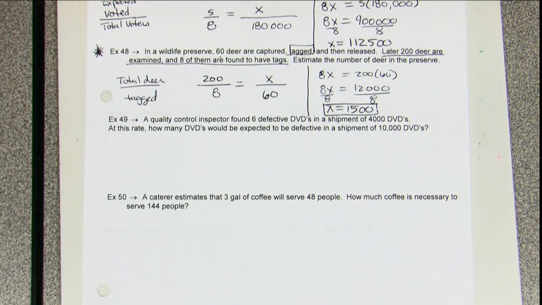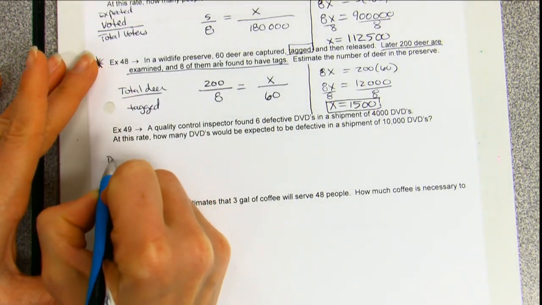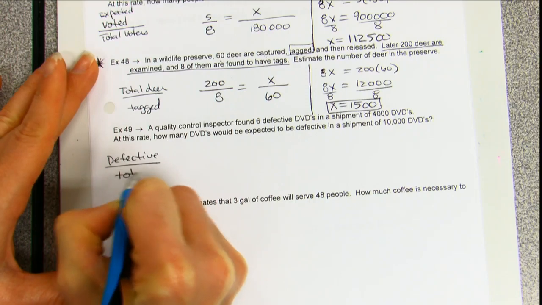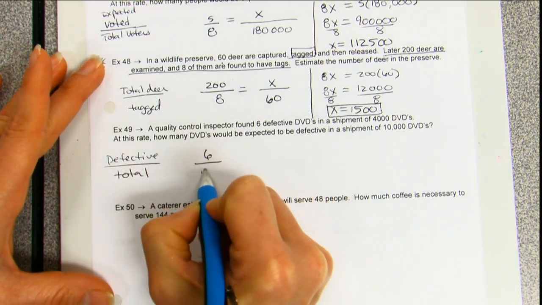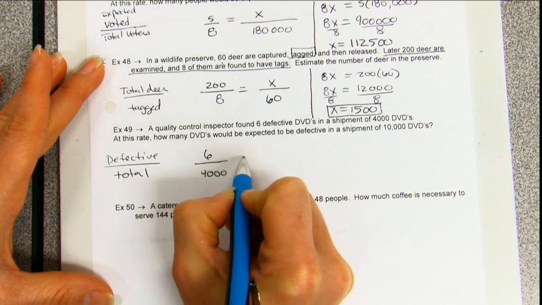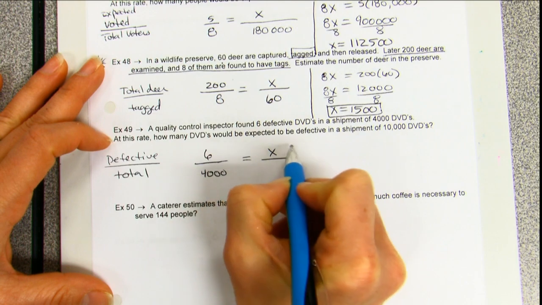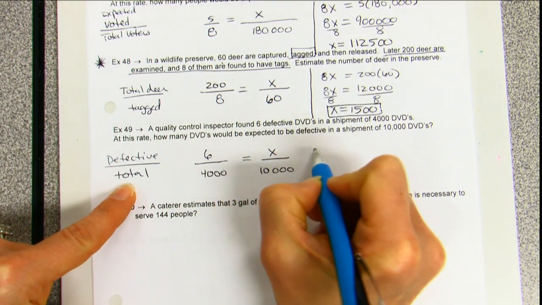Number 49, a quality control inspector found 6 defective DVDs in a shipment of 4,000. At this rate, how many DVDs would be expected to be defective in a shipment of 10,000? So I would say defective out of the total shipment. So there were 6 out of 4,000 that were defective. How many would be expected to be defective, because that's on the top, out of a shipment of 10,000?